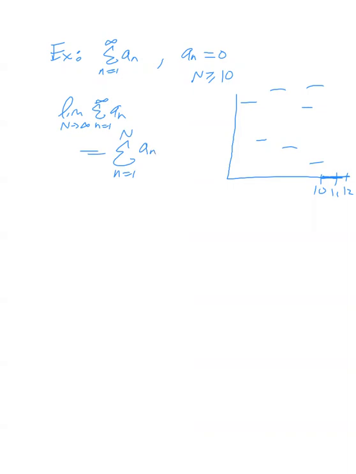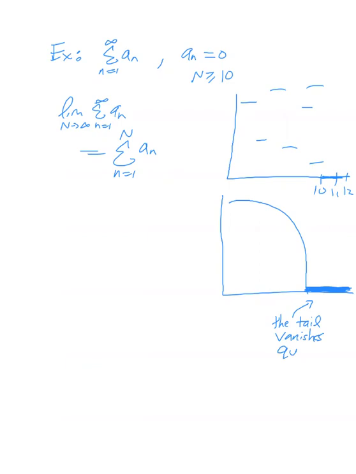The reason I bring up this kind of silly looking example is because we can think of this as having a very steep tail. So this example kind of looked like this. The tail vanishes quickly for convergent series.